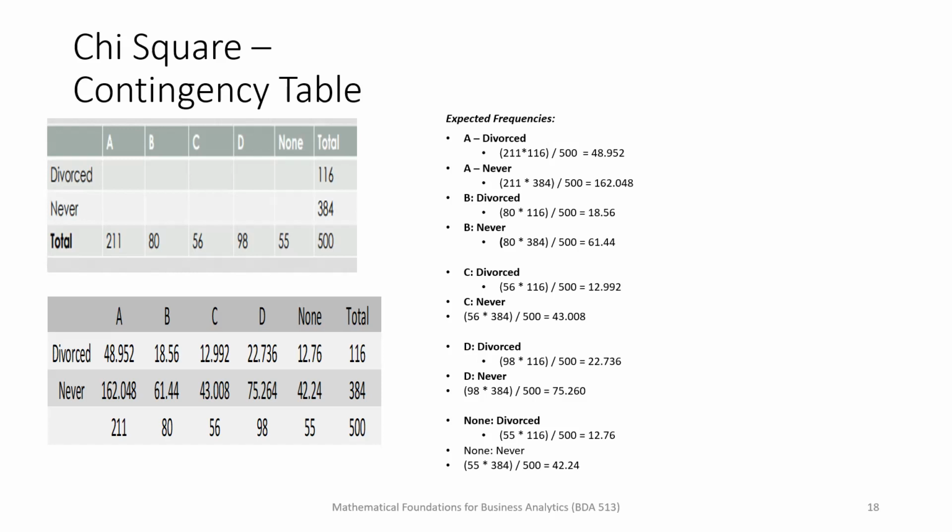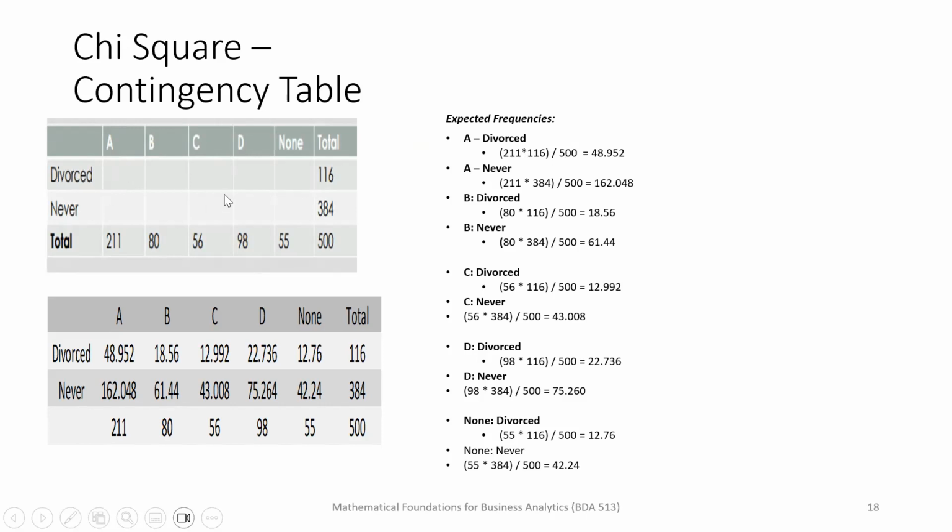Any questions about this? Another way to look at this is that if 500 corresponds to 211, then 116 will give us the figure for those under category A. So we cross multiply and still end up with 211 times 116 divided by the total.